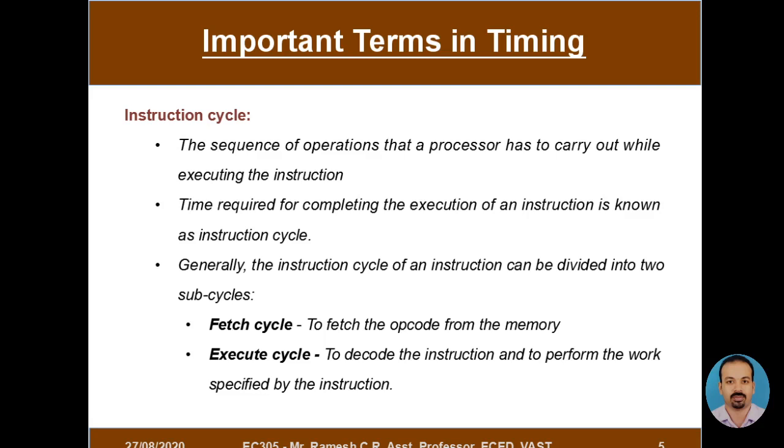But in most cases you can visualize the timing diagram such that it consists of a fetch cycle and an execute cycle. The fetch cycle is the time taken by the processor to fetch the opcode from the memory, and the execute cycle is the time taken by the processor to decode the instruction and perform the work specified by the instruction.